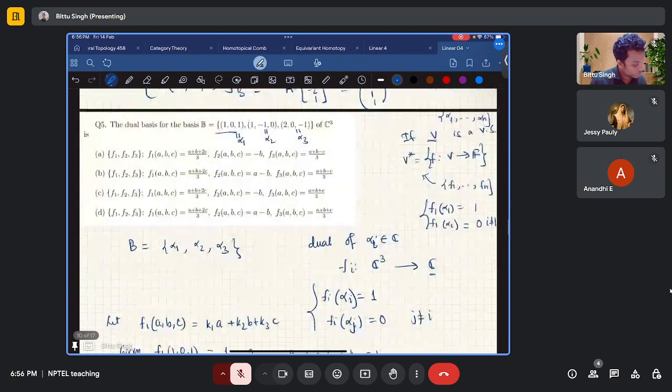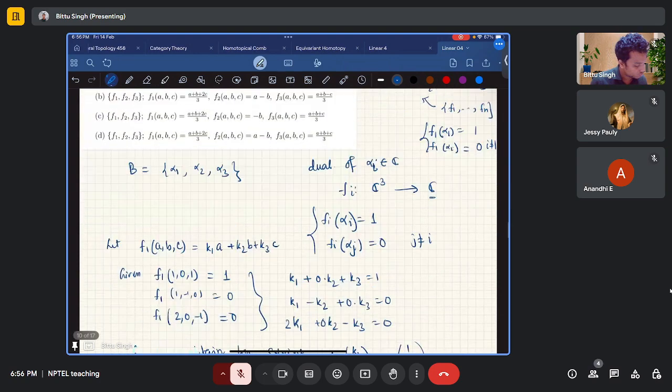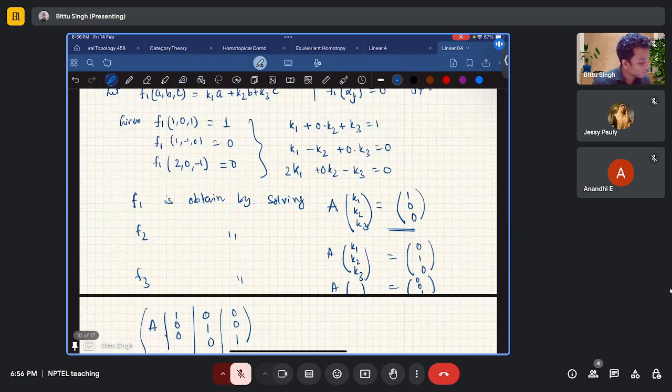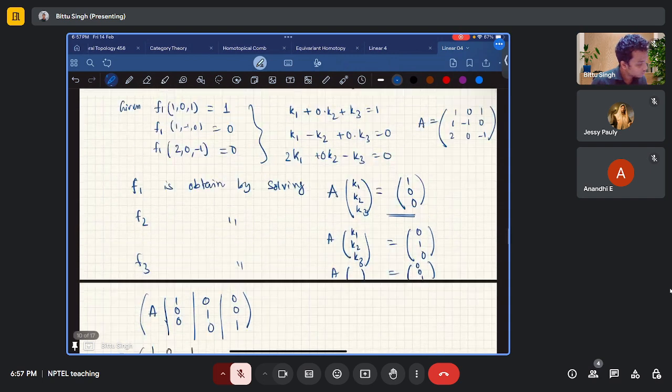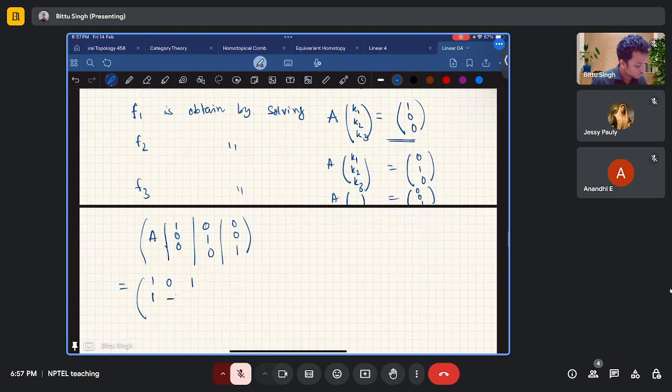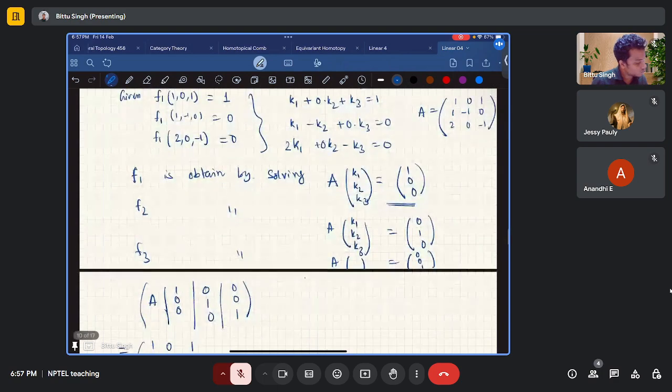What is A? The coefficient matrix A is rows (1, 0, 1), (1, -1, 0), and (2, 0, -1).